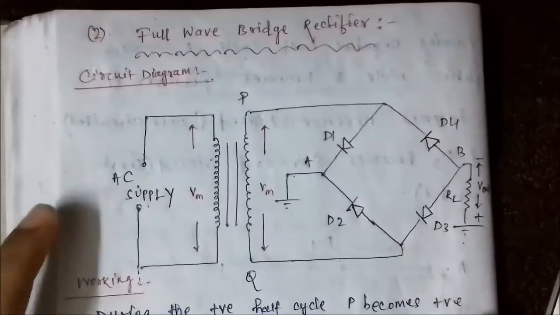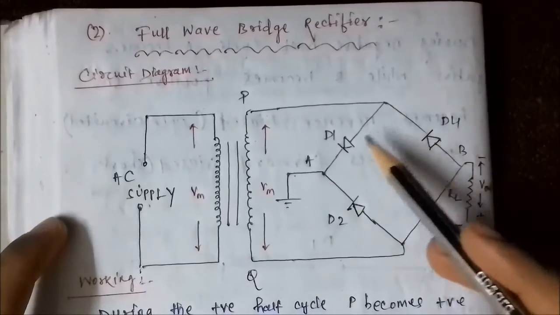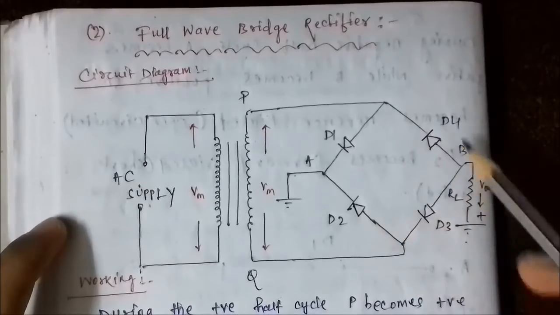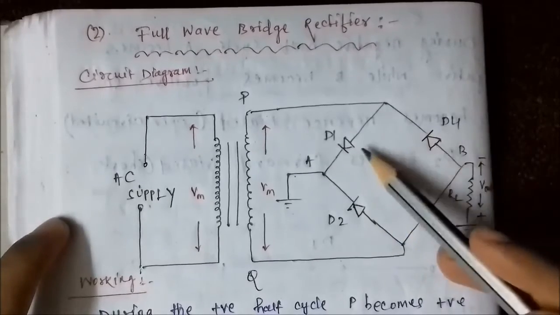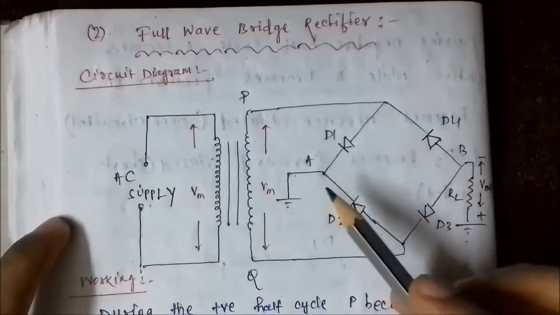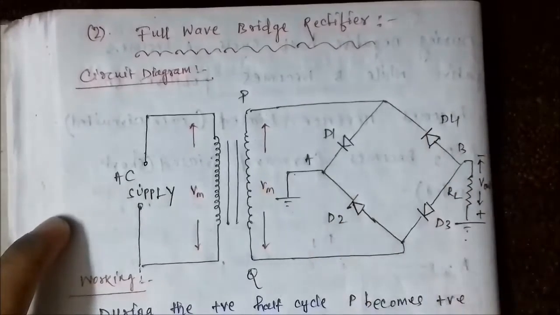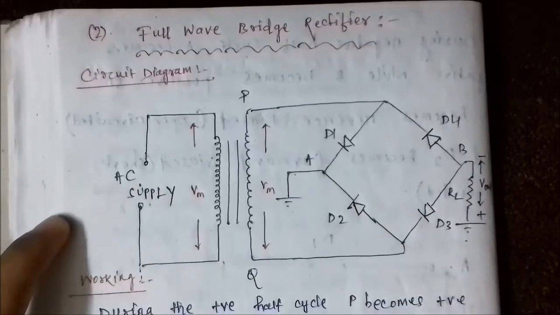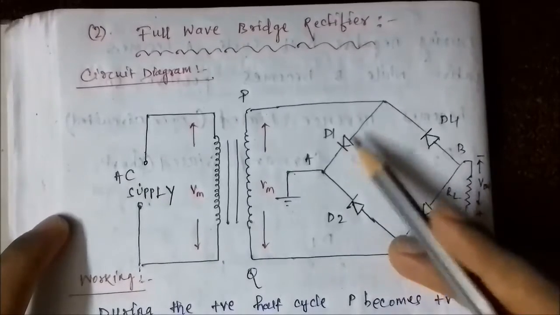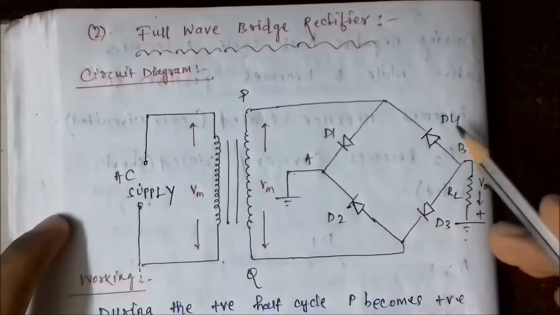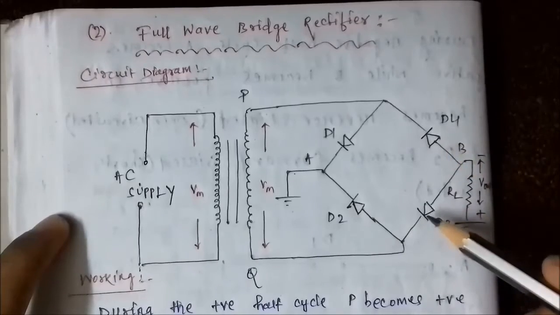Another modified design is that 4 diodes are connected in the form of a bridge, back to back, across the secondary winding of the transformer. 4 diodes, D1, D2, D3 and D4.